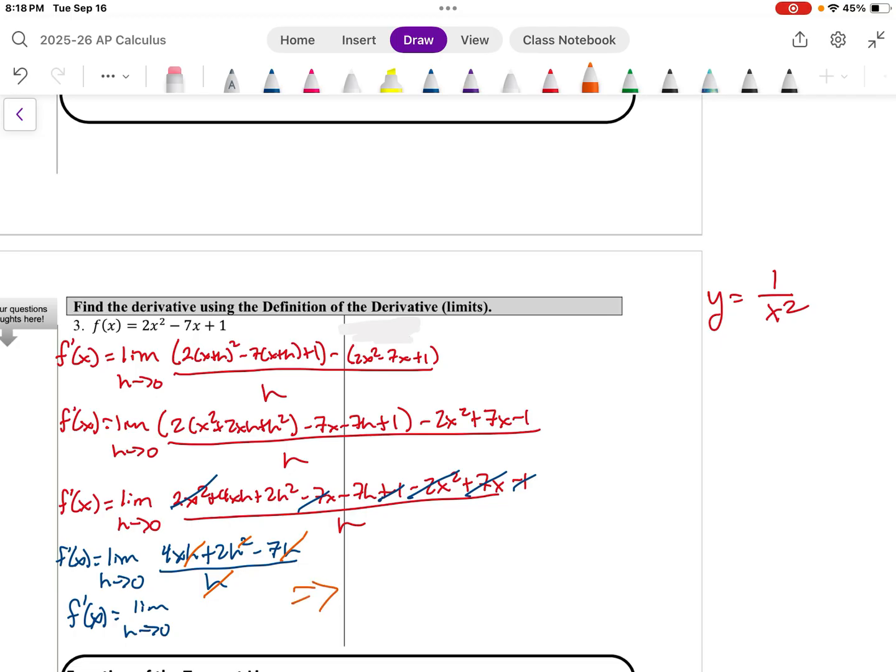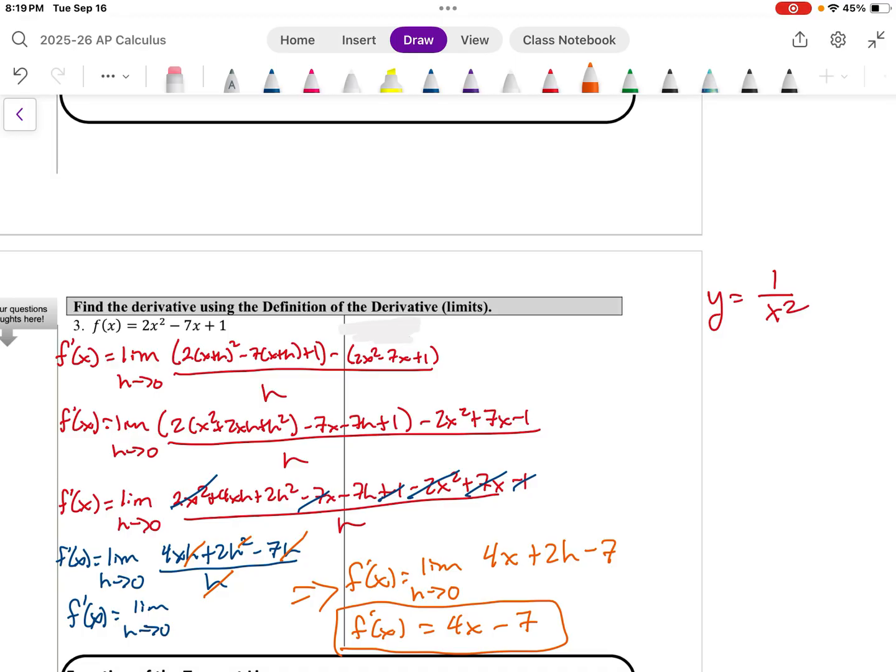So this gives me f prime of x is equal to the limit as h approaches 0 of 4x plus 2h minus 7. And then now we can apply our limits. So f prime of x is equal to 4x minus 7, because it'd be 2 times 0, which is 0, so it'd just be 4x minus 7. So there is the derivative of my function.